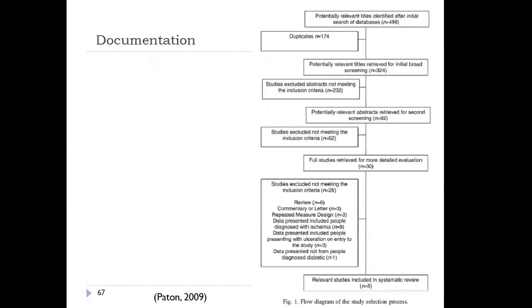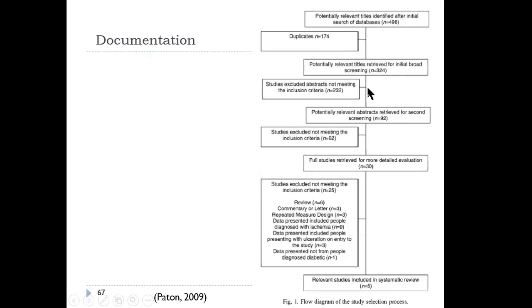Now, this is what I was talking about, the flow diagram of the study selection process. This is one example. In this case, it starts from 496 articles, potentially relevant titles identified after the initial search of databases. Then duplicates, how many duplicates, and after removing those duplicates, this much.